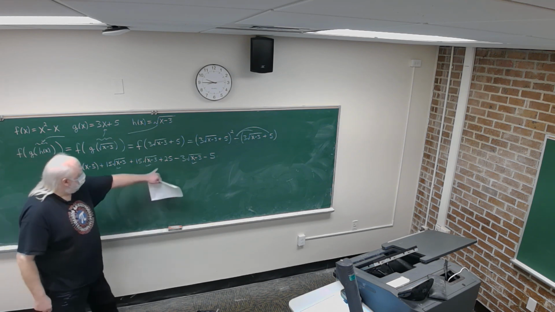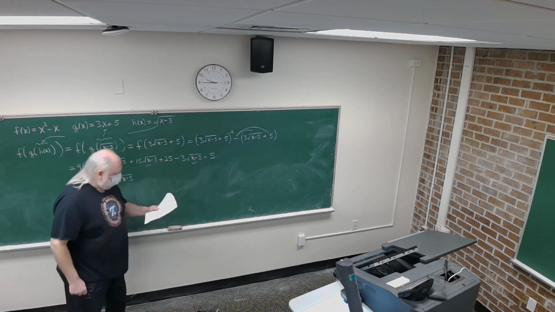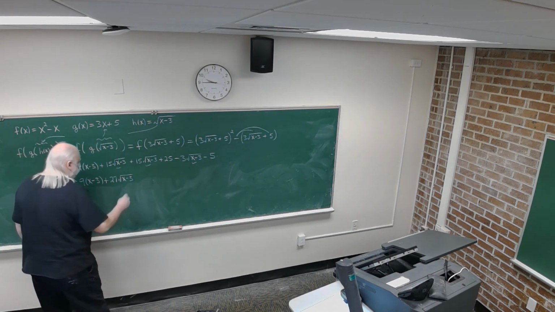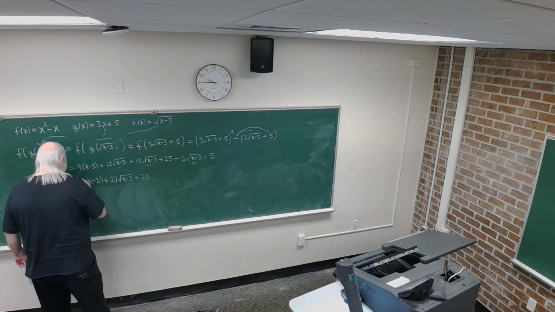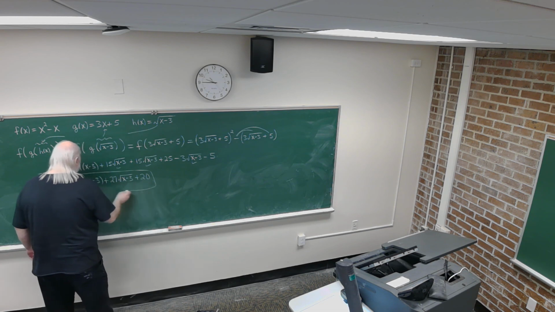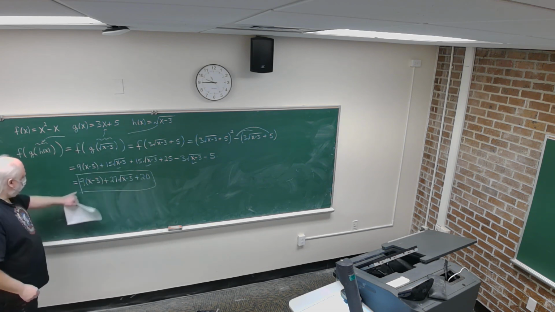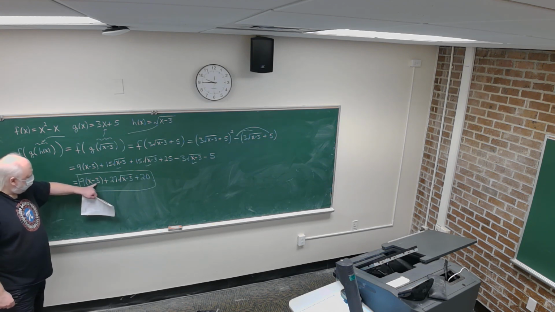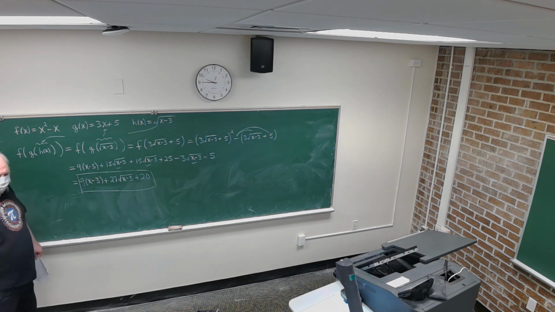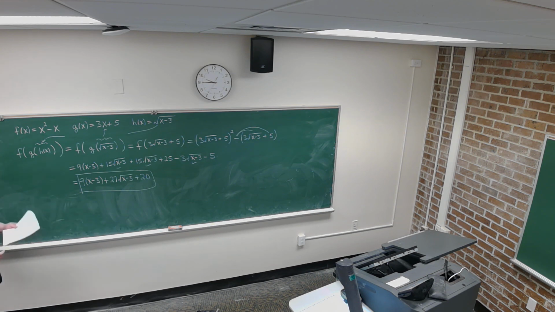And then we have plus 25 minus 5, which is plus 20. And that's where I stopped with the simplification. If you wanted to, you could distribute the 9. You have 9x minus 27. Then add minus 27 and 20. Right? But I stopped right there. Any questions on that?